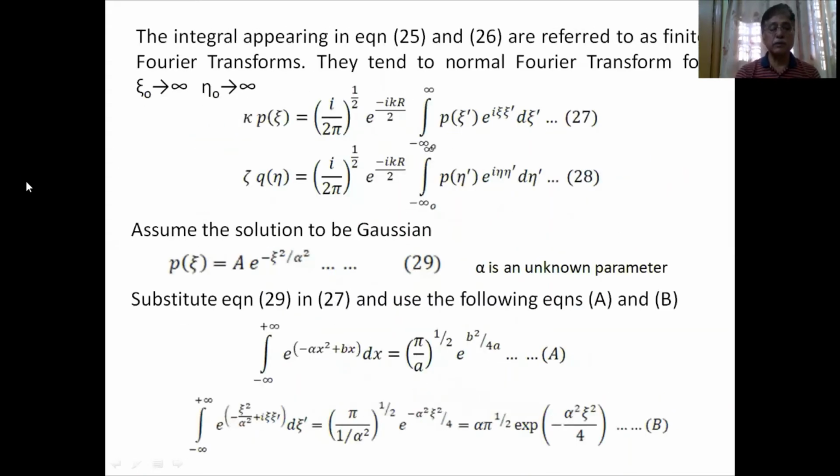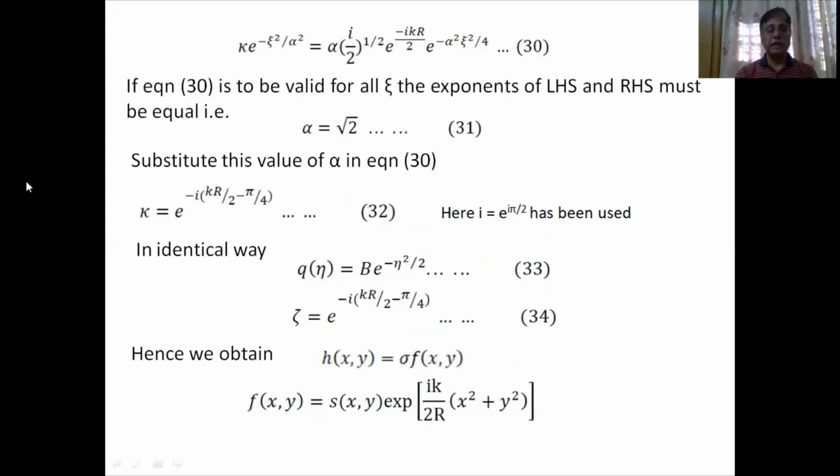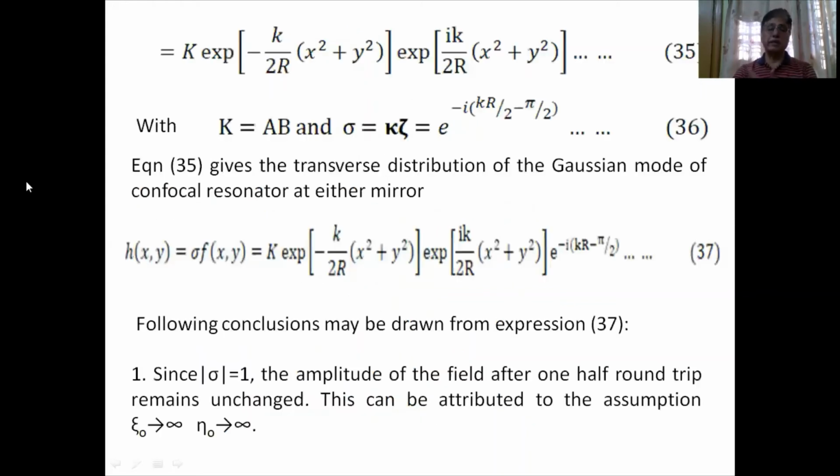So f(x,y) is equal to s(x,y) exponential i k by 2r (x square plus y square). You can revert back. f(x,y), the function that we had introduced, in the plane of the aperture, is equal to s(x,y) exponential i k by 2r (x square plus y square). And that is equal to some constant K merged all the constants.